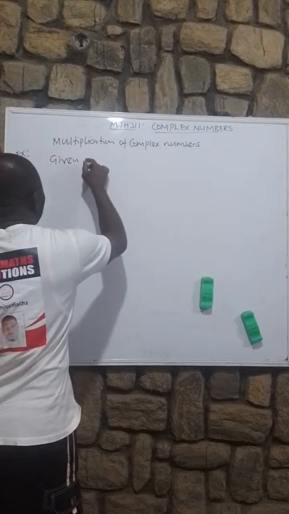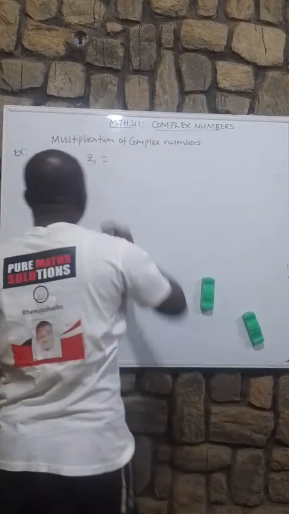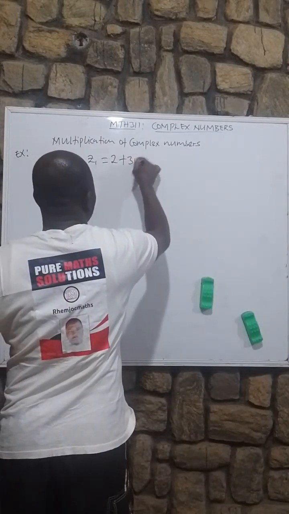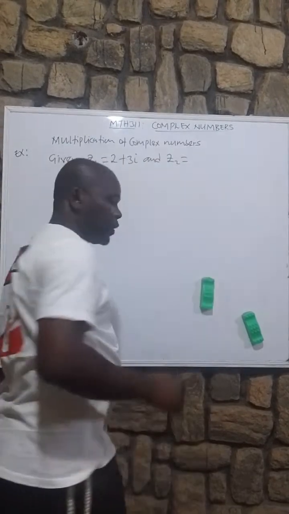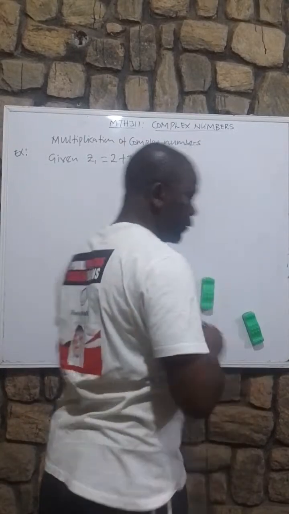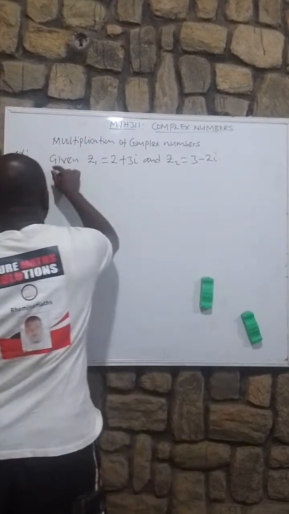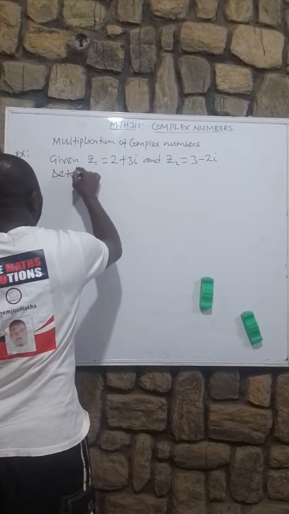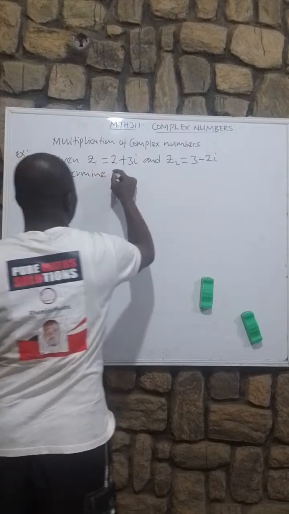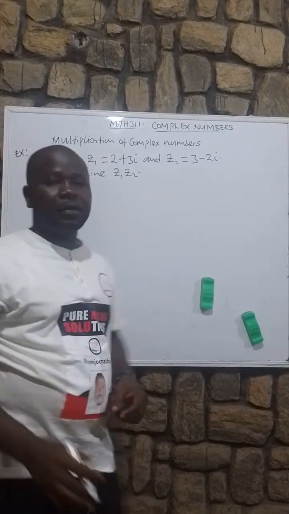Given Z1 equals 2 plus 3i, and Z2 equals 3 minus 2i. Determine Z1 times Z2. Yeah, it's simple as ABC.